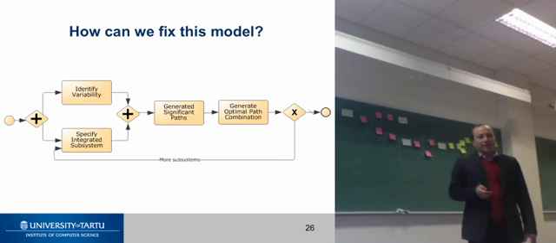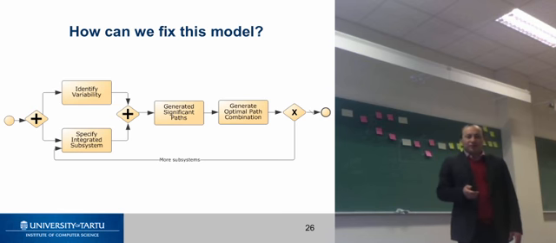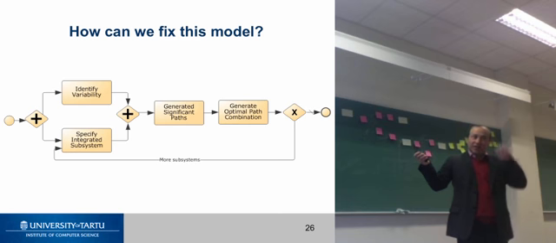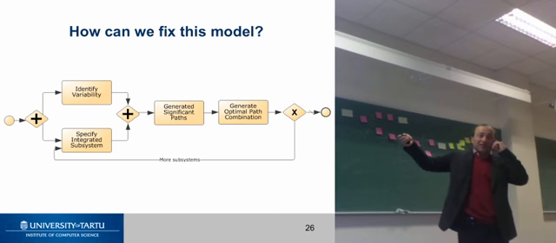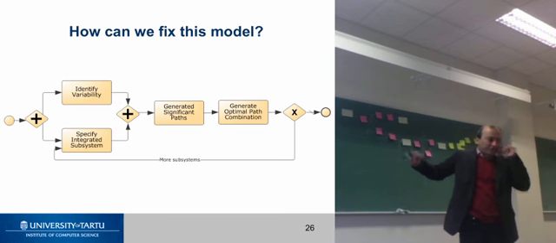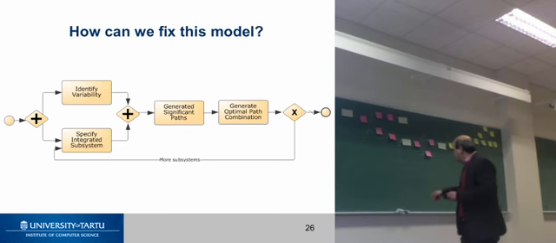Actually, if you wanted to do it in a different way, the trick is that you have to duplicate. The first time, you just repeat this activity, duplicate it here, and specify integrated subsystems, and then if there are more components, you loop there. You follow me? At the end of this process, if it's okay, then I finish.